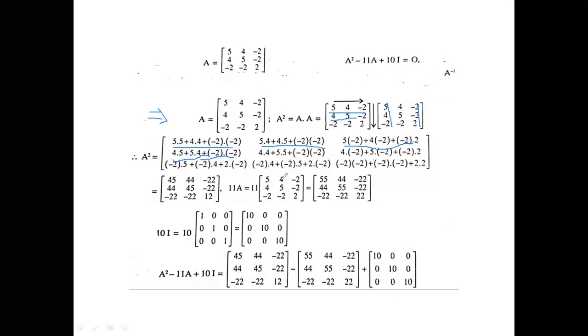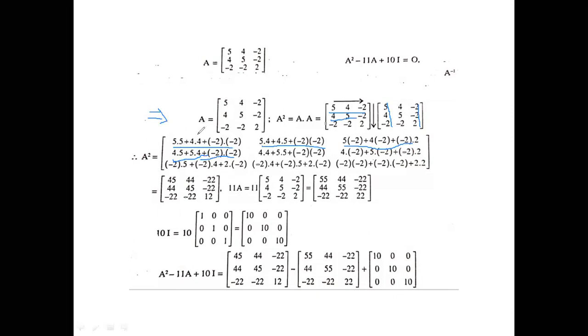In this way, we will find all the elements of the A square matrix. Now, making simple additions, we get 45, 44, minus 22, 44, 45, minus 22, minus 22, minus 22, 12. So this is the value of A square.